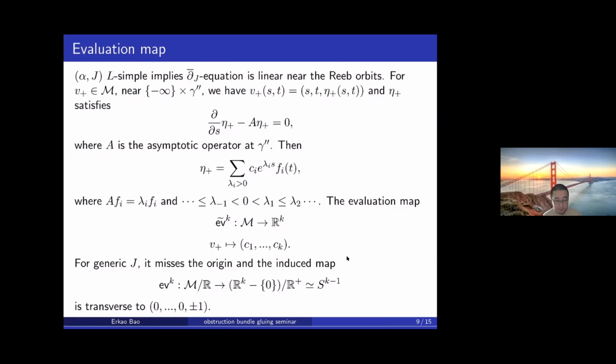Near negative infinity, so s is negative, we want to make sure this lies in the Sobolev space, L2 space for example, and then we require the lambda has to be positive.